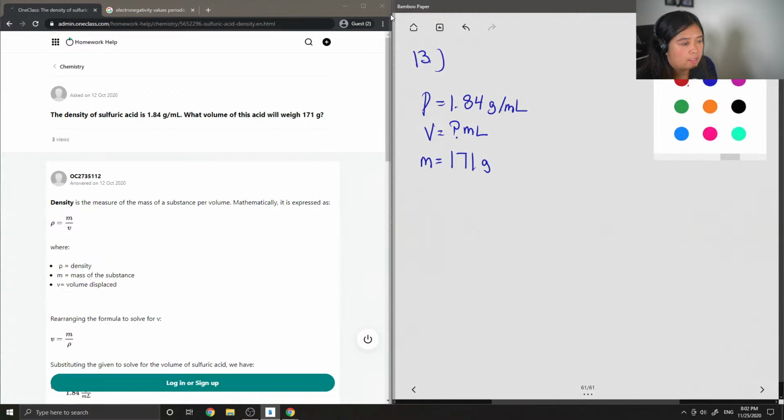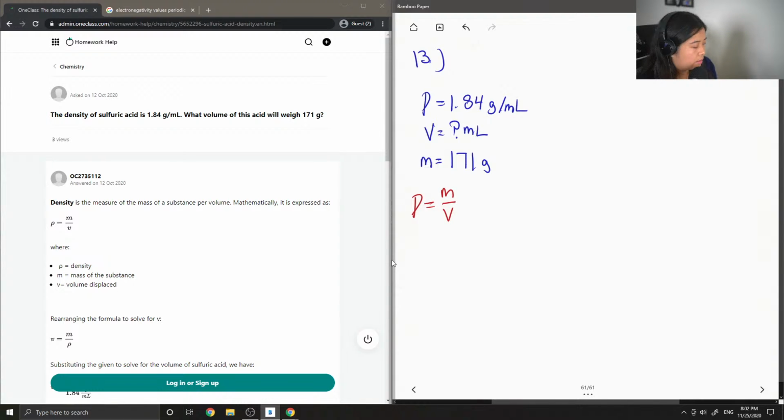So first, let's recall that the density is equal to mass over volume. Now that we know this equation, we can rearrange it to solve for volume. So volume is equal to mass over density.